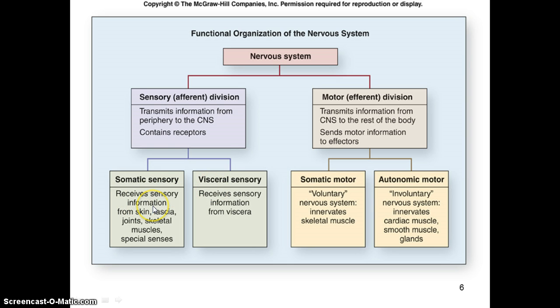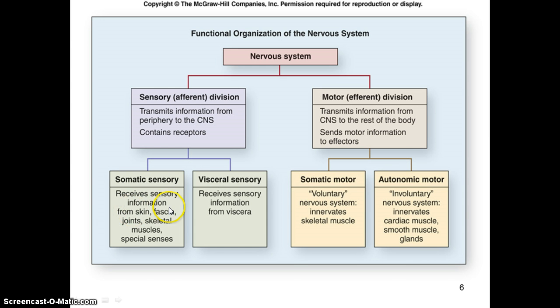Somatic sensory division of the sensory division of the nervous system refers to sensory receptors and sensory neurons that transmit impulses for sensory information from skin, from fascia, and within the joints, the position of our joints, in other words, which gives us the sense of proprioception, knowing where our body parts are.